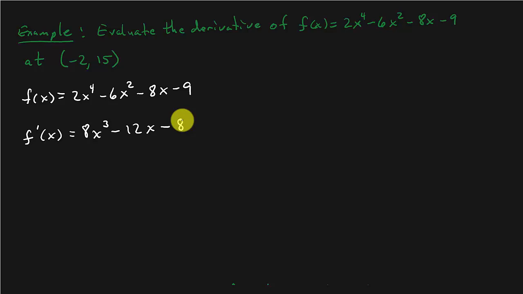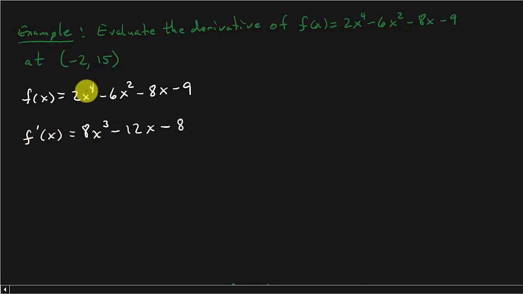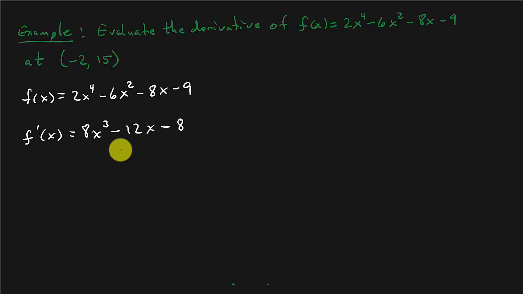All right. And now what do they want us to do? They want us to evaluate the derivative at this number here, at this point, -2. Well, notice in my derivative, all I have is x values. And don't worry, later on in the course, you'll get into finding derivatives, and you'll have x and y terms in your derivatives.